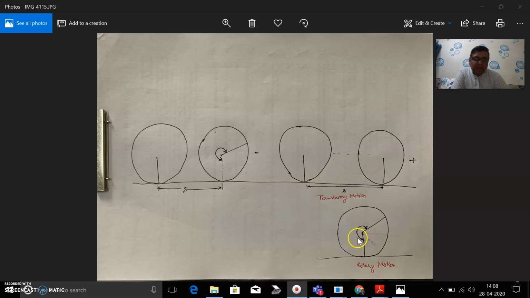Then after that I do the rotary motion, rotating at this point only.